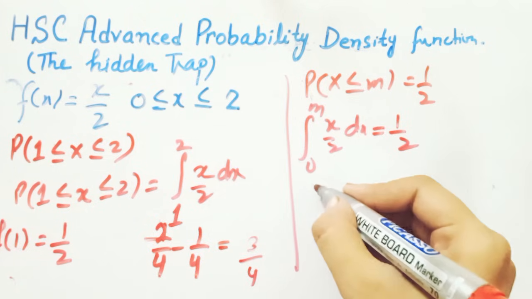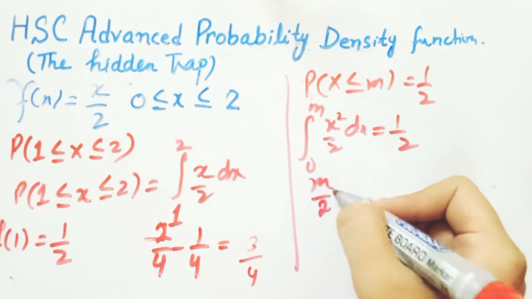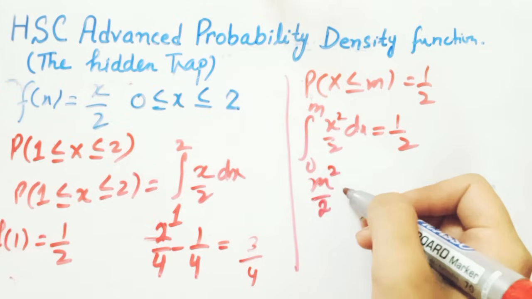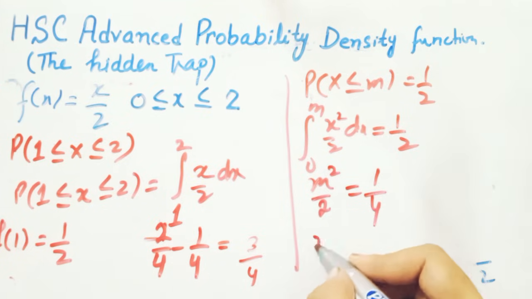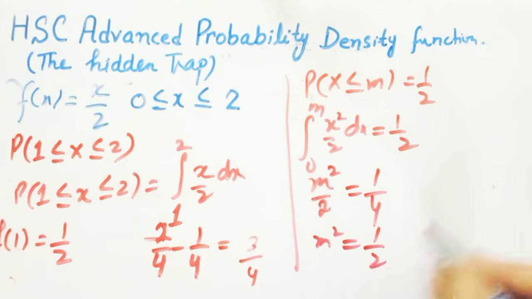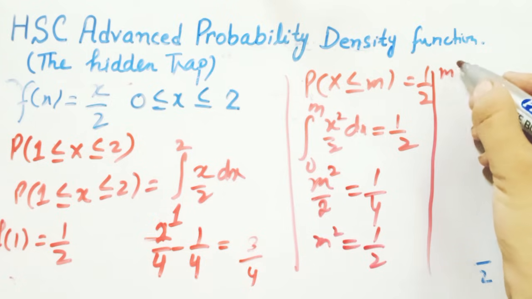Integrating this gives us m squared by 4 equals 1 by 2.